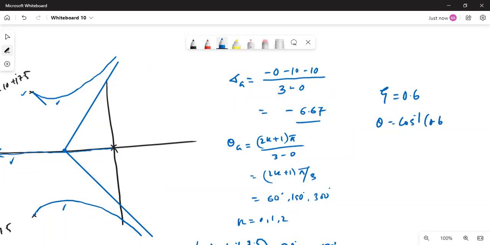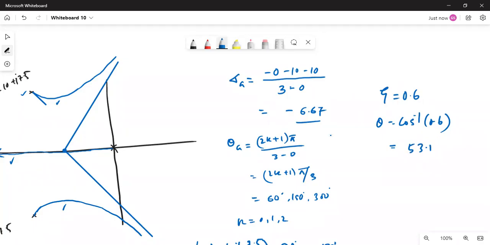That will give you around 43.13. Okay, so, oh, sorry, that will be actually 53.13.